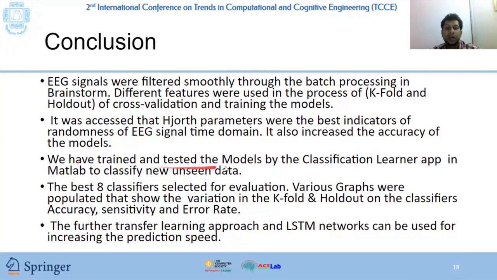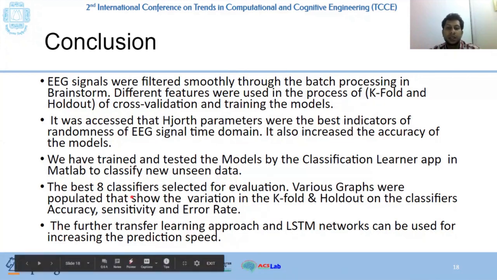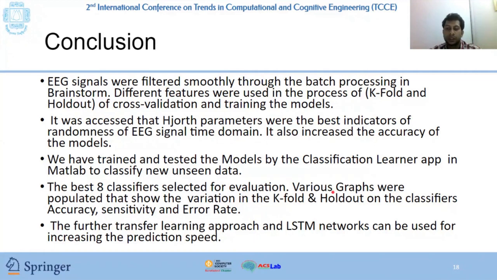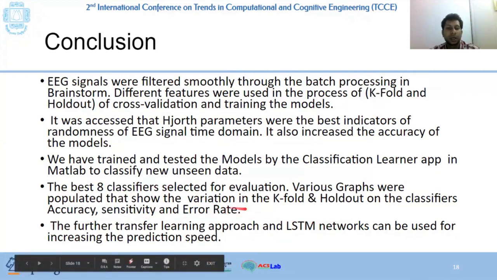We trained and tested the model with the Classifier Learner app in MATLAB to classify new unseen data. The best 8 classifiers were evaluated on the unseen data, and various tables have been populated in the k-fold variation and holdout variation for accuracy, sensitivity, and error.